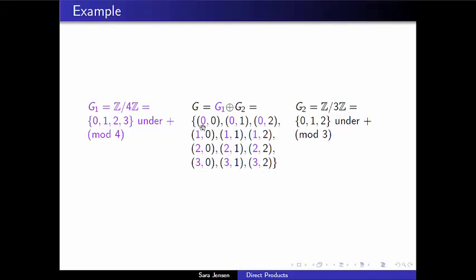We just list all possible combinations of elements from G1 and G2 in an ordered pair mentality, where the first element of the tuple is from G1 and the second element of the tuple is from G2. So set theoretically, the new group is the Cartesian product of the two groups.